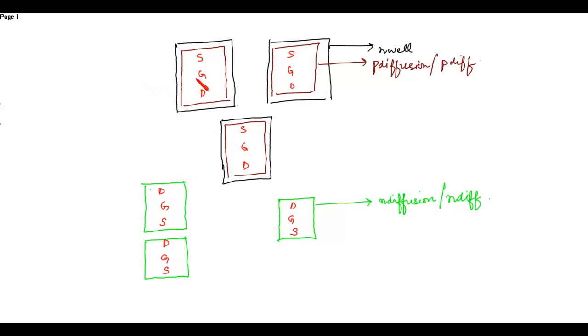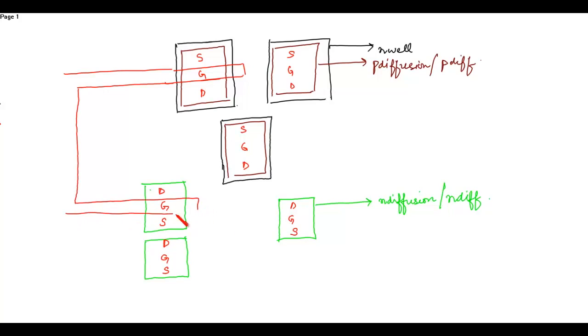Now the corresponding gates are connected. The gate of P1 will be connected with the gate of N1. So if there is no sufficient space, you draw like this. In your layout window, you can draw it properly. Okay, this is your input A. Your input B can be drawn from outside.